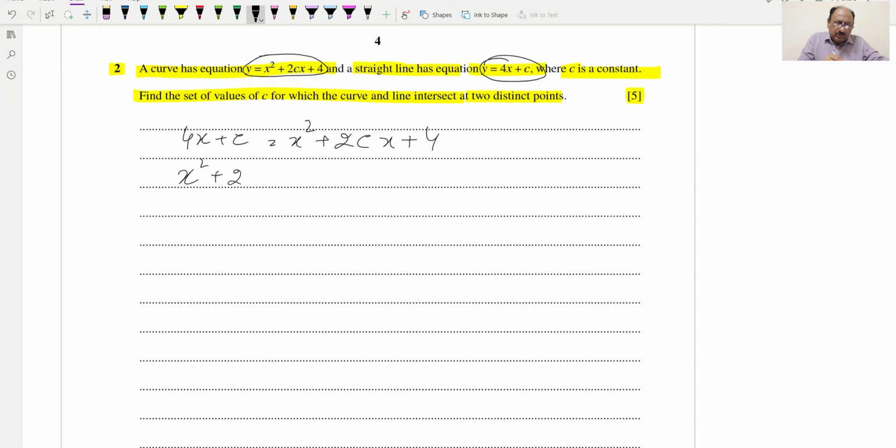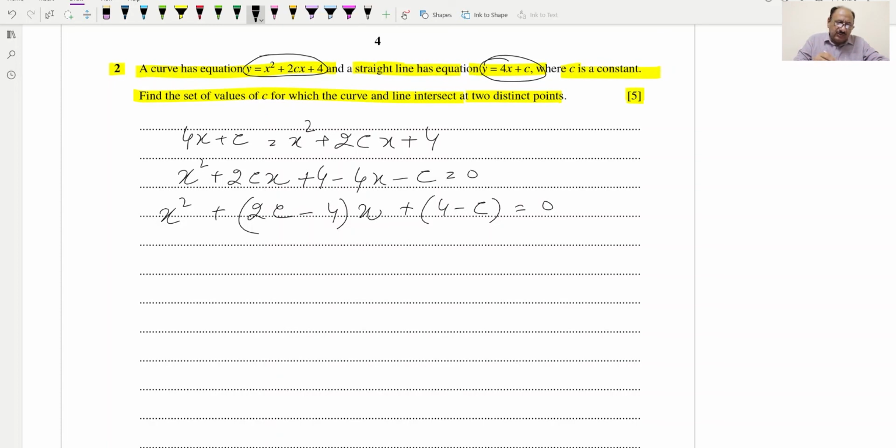So x squared plus 2cx plus 4 minus 4x minus c is equal to 0, and we can rewrite it as x squared, and these two are the x terms which we can combine and take x common, so it will be plus (2c minus 4) in brackets, with x outside, and plus (4 minus c), this will be the constant. So we got x squared, we got x, and we got the constant also. So this is a quadratic equation.